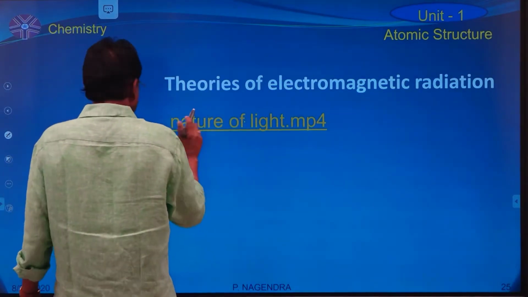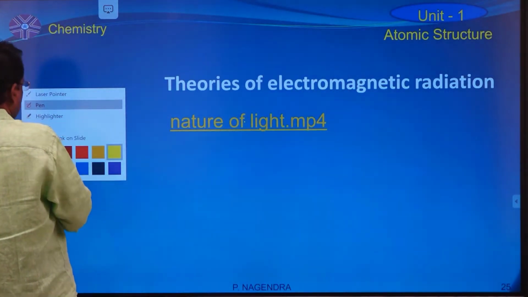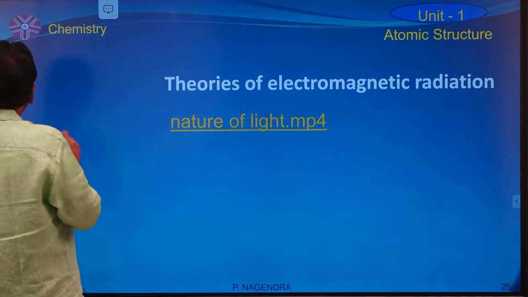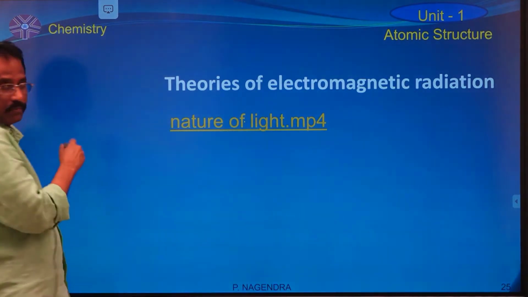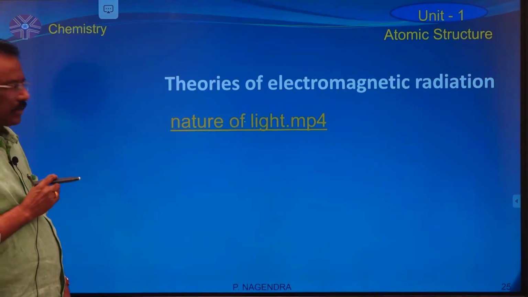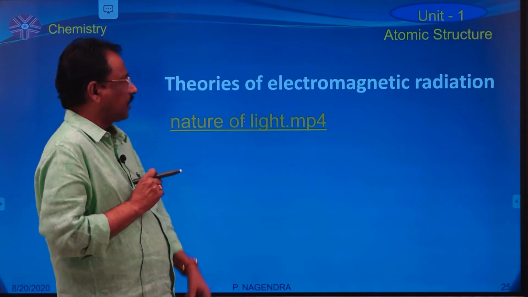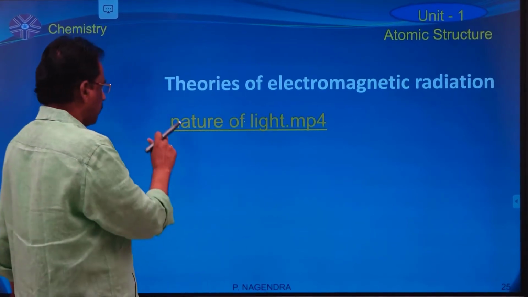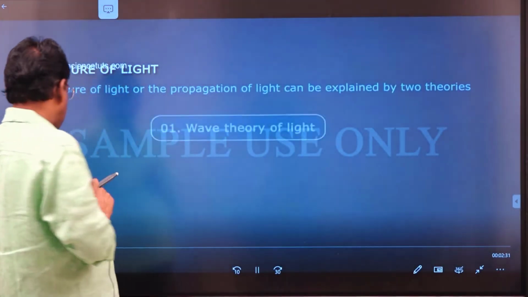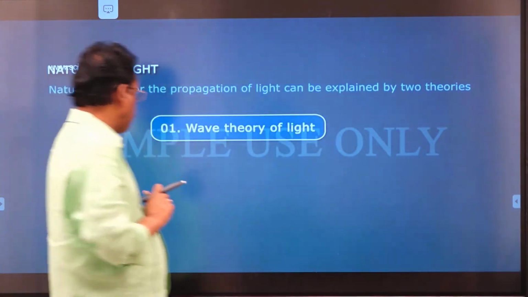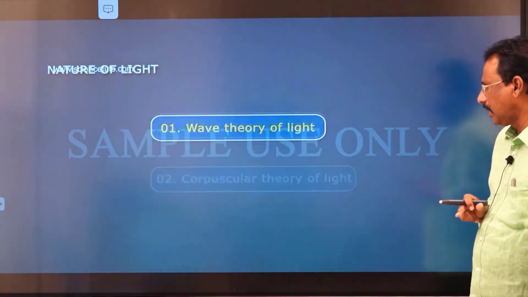Now, there are two theories of electromagnetic radiation. One is the wave theory of light, and the second one is the corpuscular theory of light.